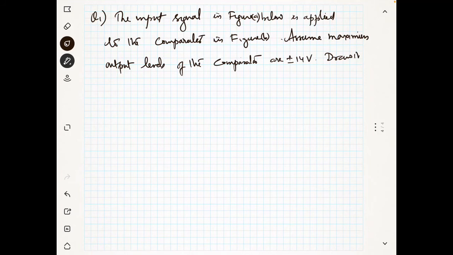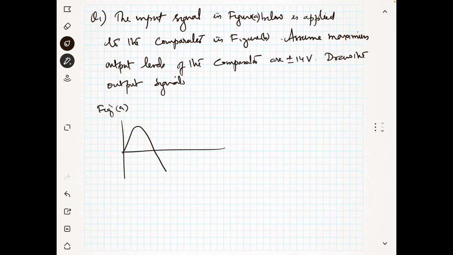Draw the output signals. So first I will draw figure A, and it is nothing but 5 volt and minus 5 volt.